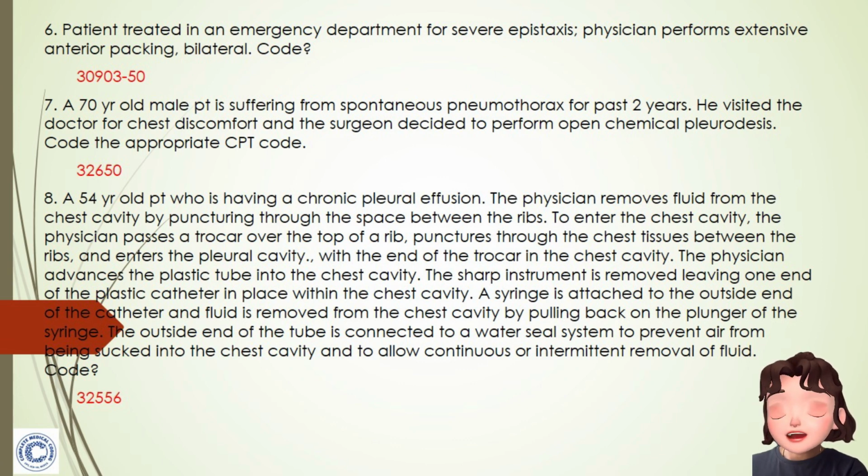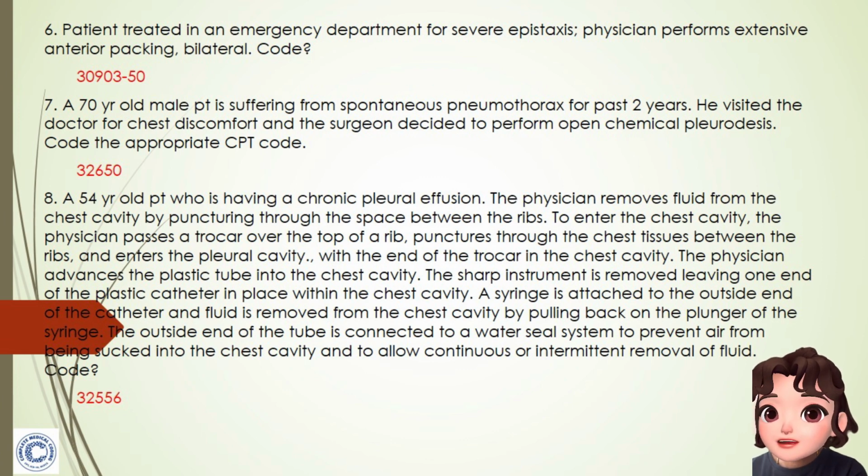What is epistaxis? Nasal hemorrhage. So you need to check for the nasal hemorrhage code. You will end up in 30903, control nasal hemorrhage, anterior, complex, extensive, because in the question it's mentioned extensive. So it will be extensive anterior packing, bilateral. So we'll use the modifier 50.